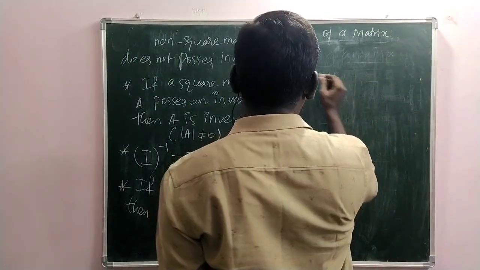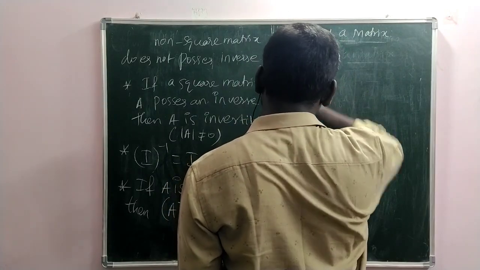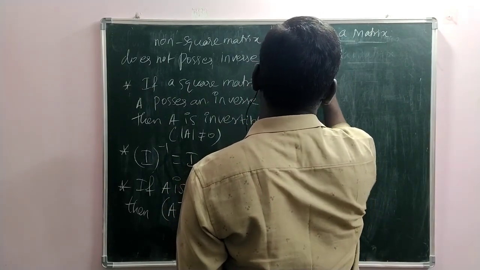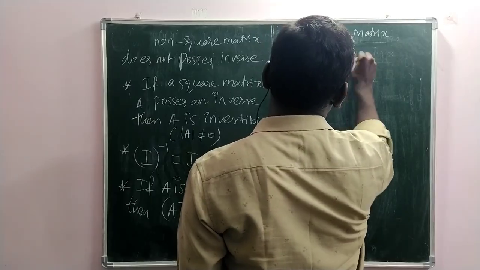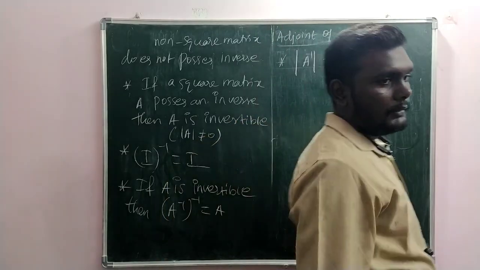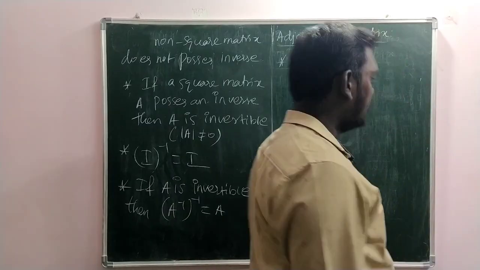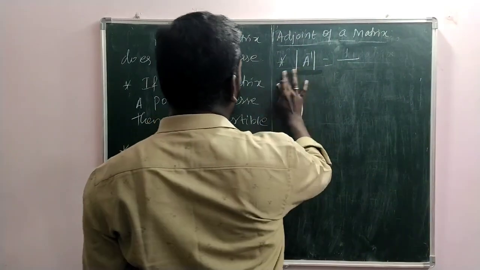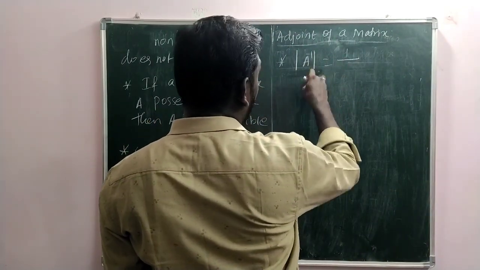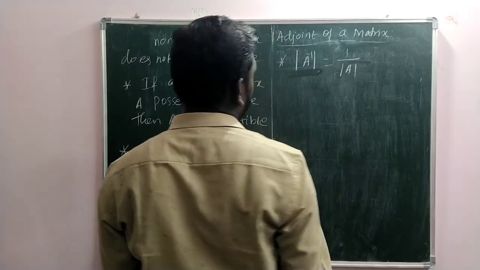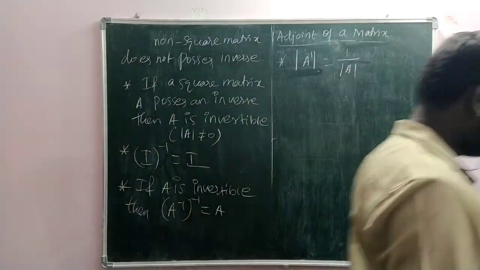Recall, what is the determinant of the adjoint of a matrix? Determinant of A power n minus 1. Okay. Now, if you take the inverse of this, the determinant of the inverse matrix is simply 1 by determinant of A. That's all. Okay.